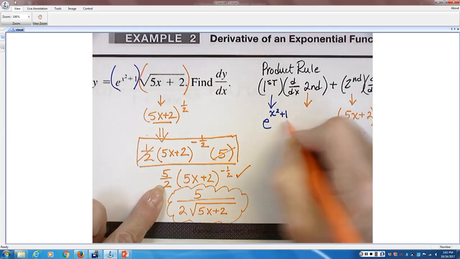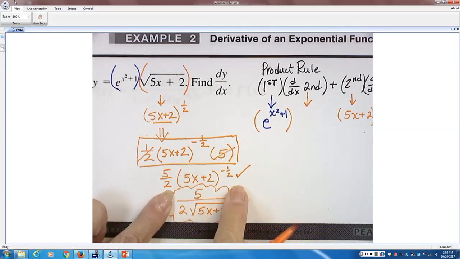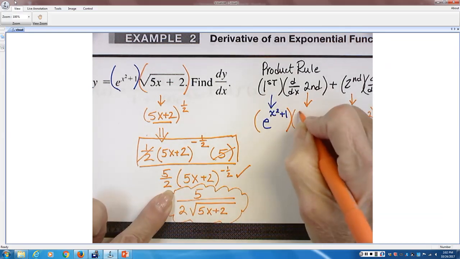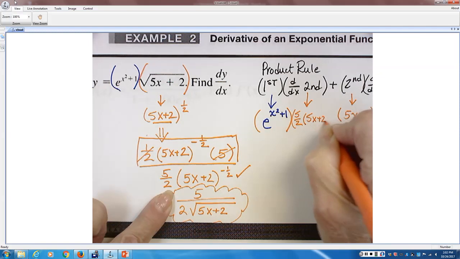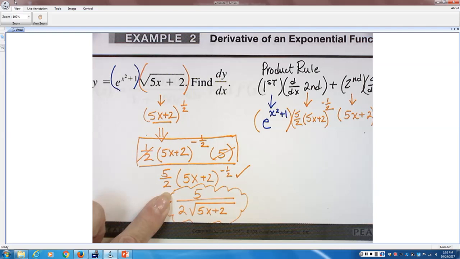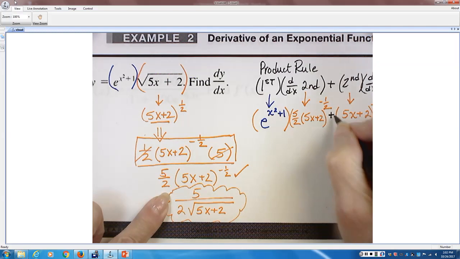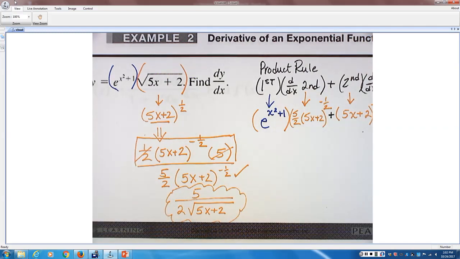So you're going to take e to the x squared plus 1, your first factor, times this. And then we're going to add, because that's what the product rule says to do. And now we need the derivative of the first factor.